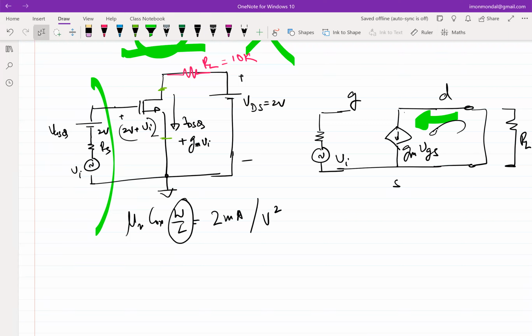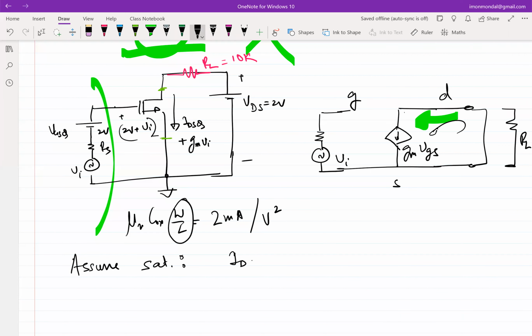So when you have any nonlinear device, how do you go about doing that? You assume that you are in a certain regime of operation. Let's assume, go ahead and see whether it's valid or not, right? So let's assume, to start off, this is the saturation region of operation. If it is in saturation, what will my IDSQ be?